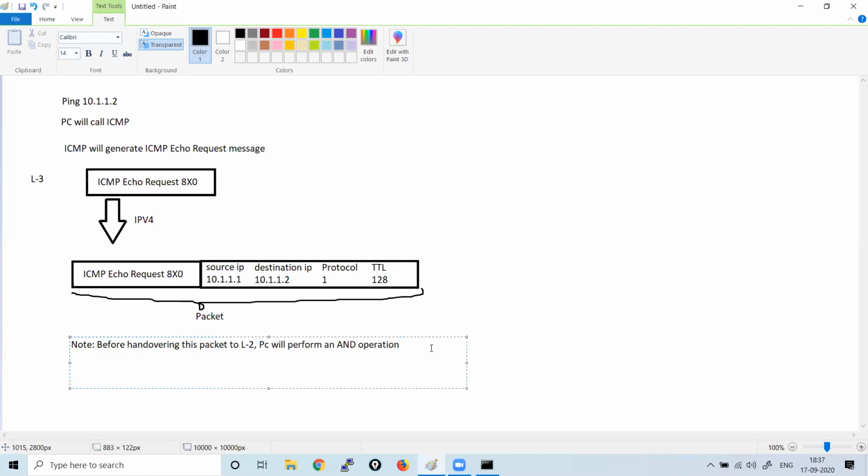Yeah, logic gates, remember from BTech logic. So, AND operation. Why is it performing the AND operation? To check if it is in the same subnet or not. Correct.